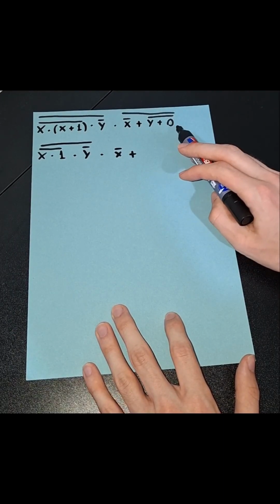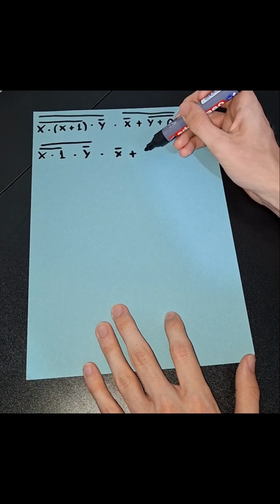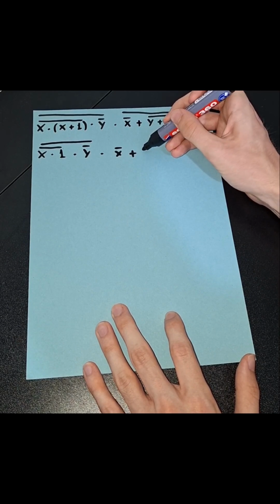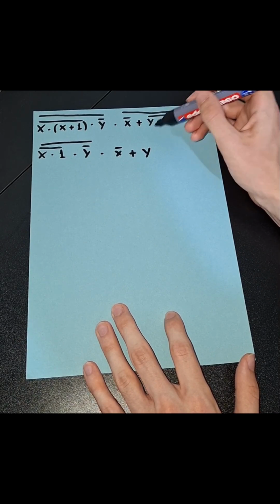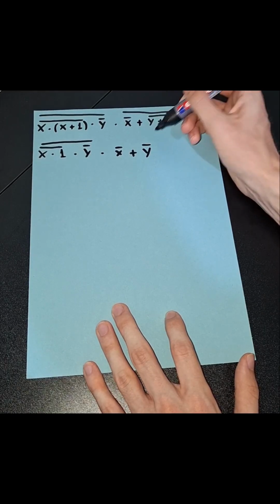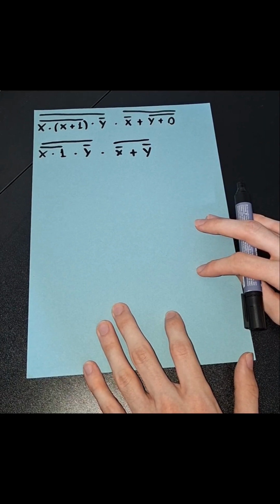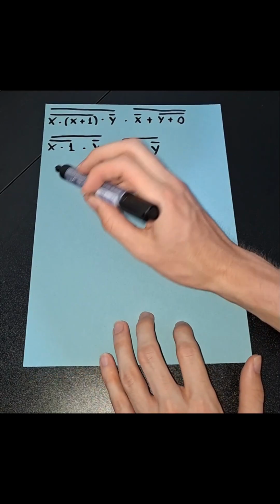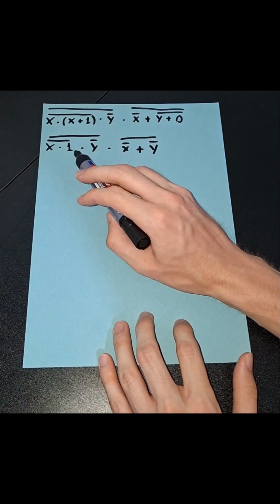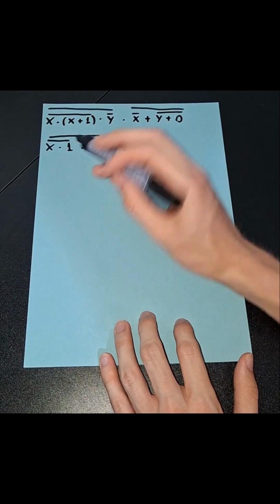Now y or 0 will be y, because it depends on what y is, whether it is a 0 or 1 as the result. So let's deal with this number over here. So x and 1 will just be x.